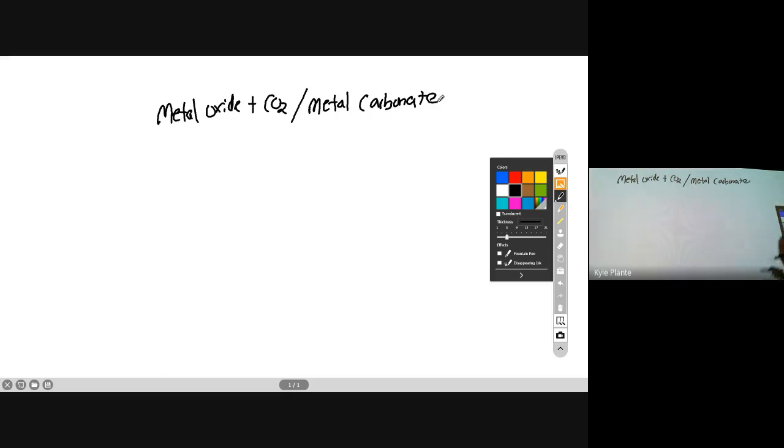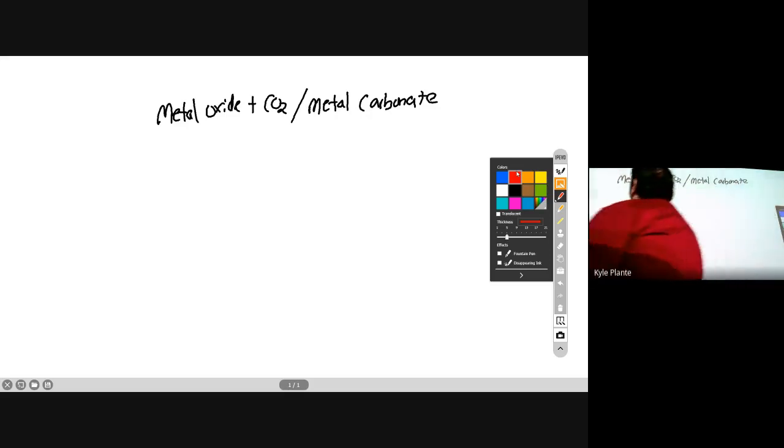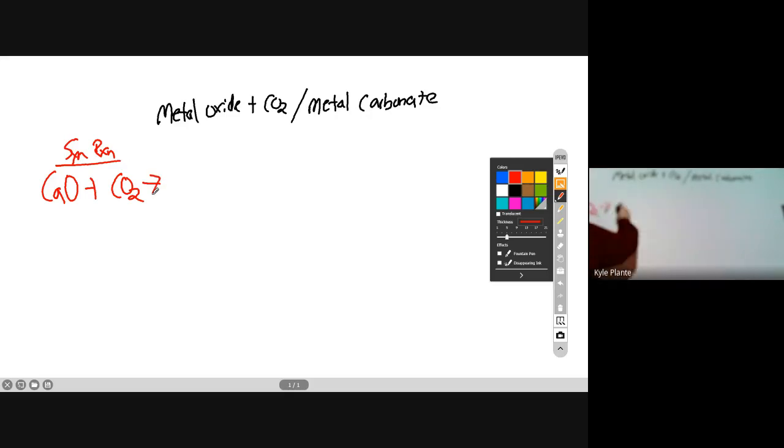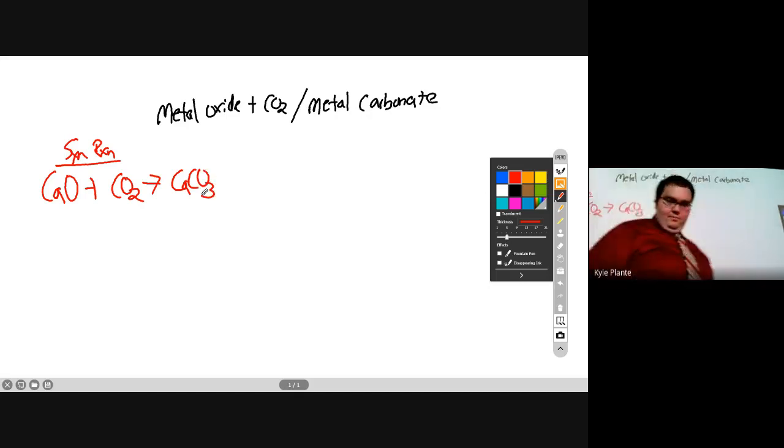So, if you have a metal oxide again, and instead of adding water to it, you add carbon dioxide. This is the synthesis reaction. You're not going to form a metal hydroxide, you're going to form what's called a metal carbonate. Calcium carbonate in this case.